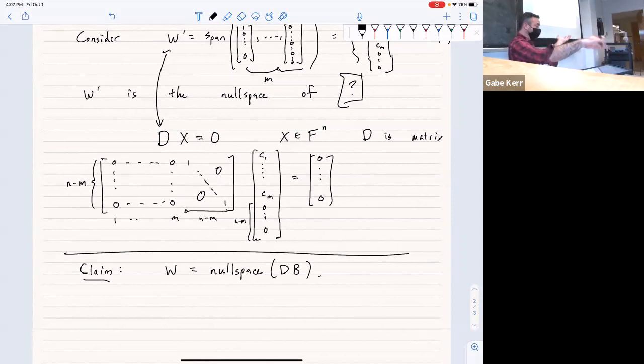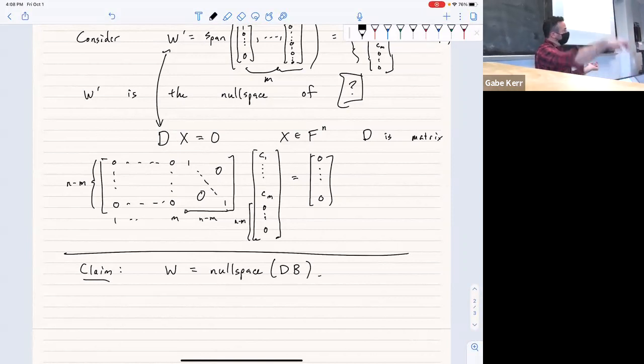I can go backwards too. So since W prime is the null space of D, W will be the null space of D times B. That's the basic argument.